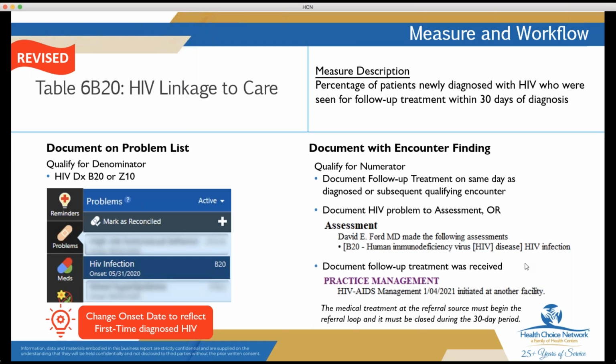You just want to make sure that if care is being provided by your facility, by your health center, that you document the HIV problem in the assessment. In the event that follow-up treatment occurs maybe at an outside facility, a change will be made to our HCN forms to allow that documentation.